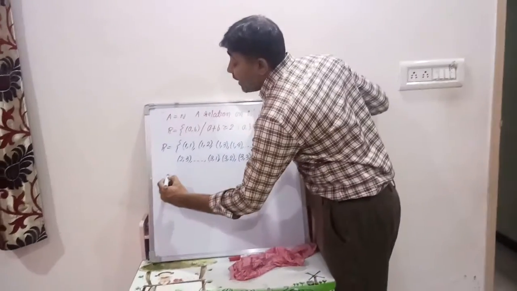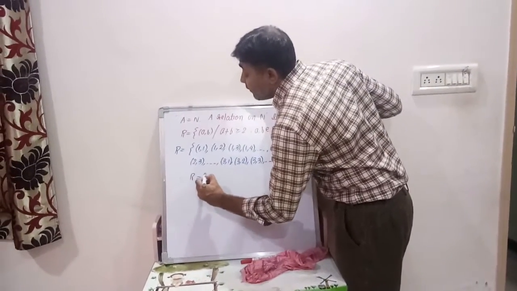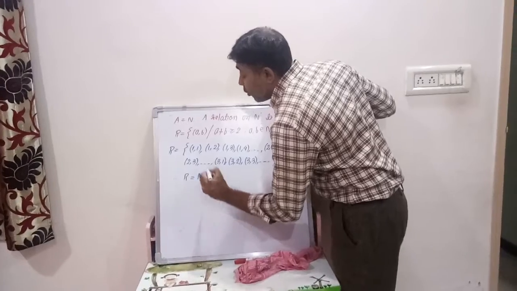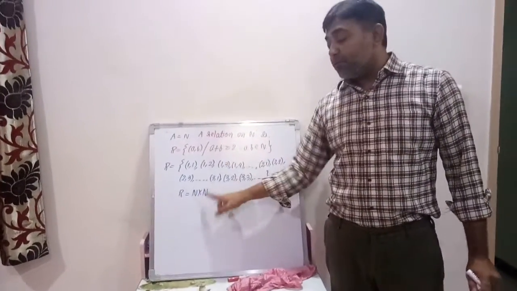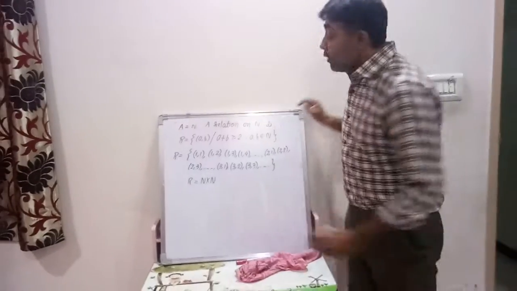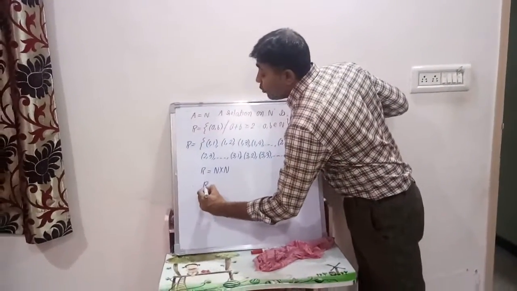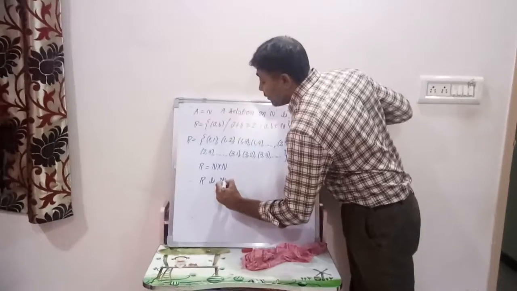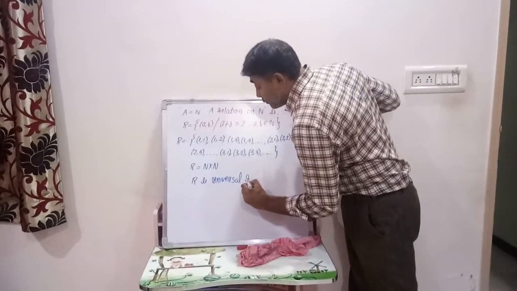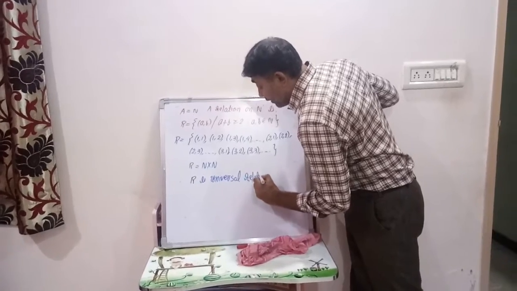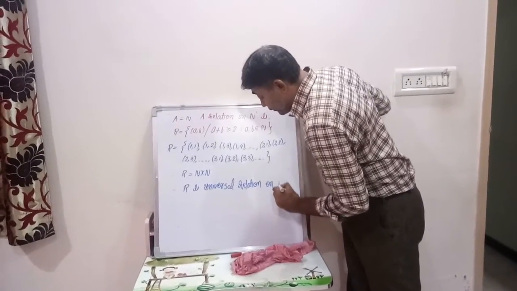It is very obvious that this set R is itself n cross n. That's why this relation is called the universal relation. So R is a universal relation on set n.